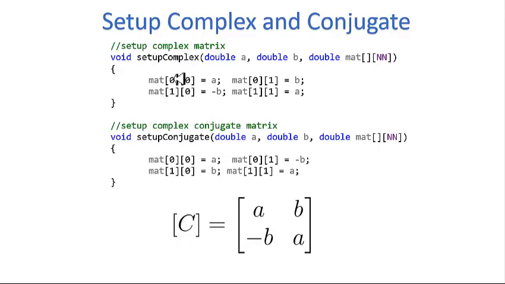In the first row, in the first element, I put A, and in the first row and in the second element, I put positive B, and vice versa. Then in the next row I put minus B here and plus A here, and this matches my specification. This matches the way that I write this particular complex number.